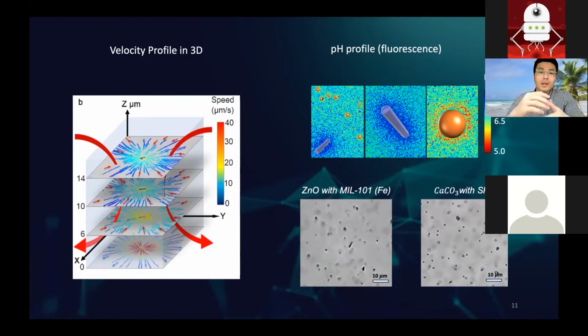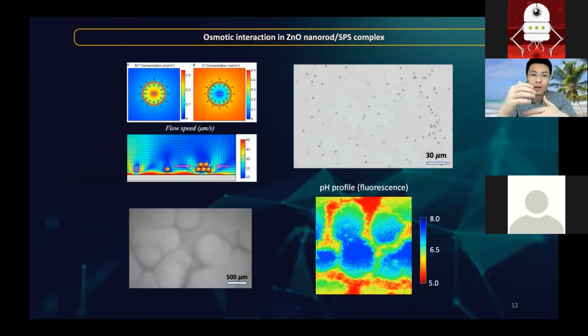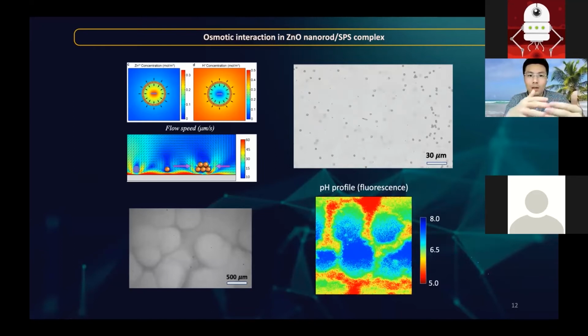So here we used the COMSOL simulation to demonstrate the attraction and repulsion between the zinc oxide rod and the SPS particles, and also the cluster formation process in our system.